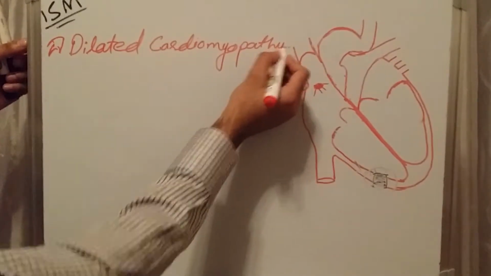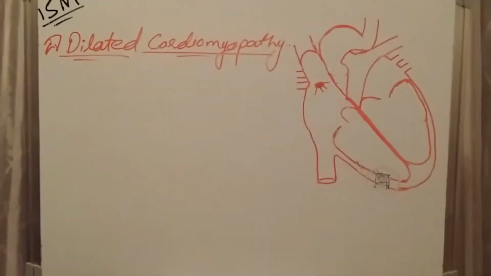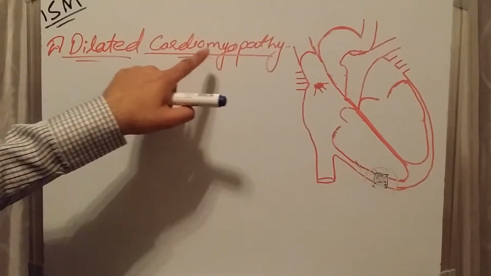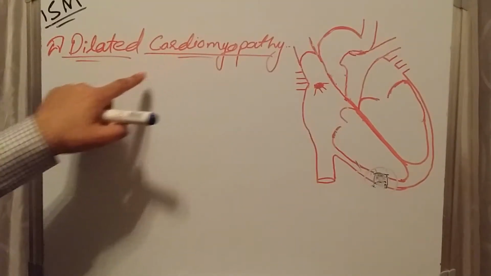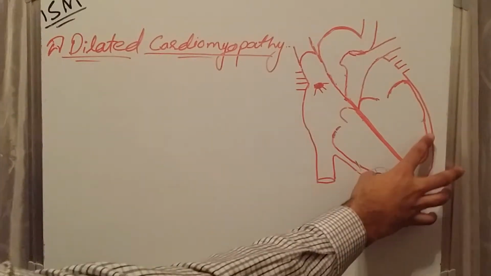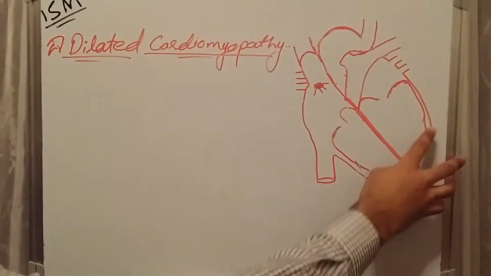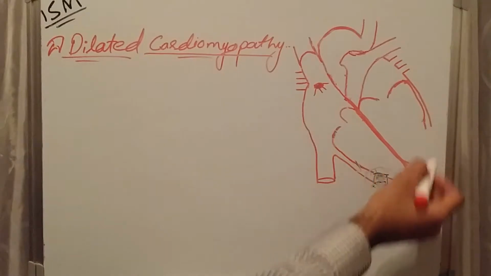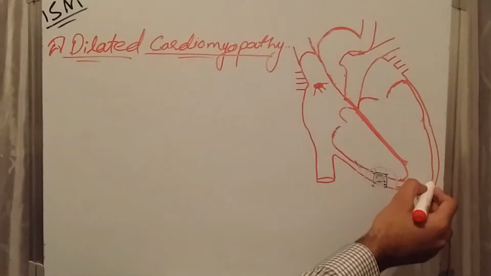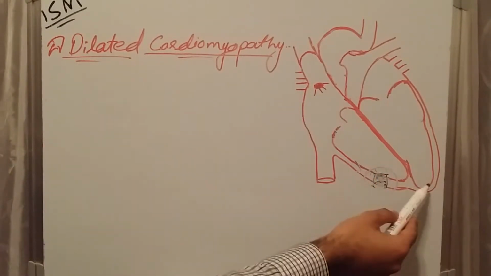As the name suggests, it is the dilation of the muscles of the heart. In this condition, the heart muscle, mainly the ventricular muscles, become dilated. They bulge outward. This condition is what we call dilated cardiomyopathy.